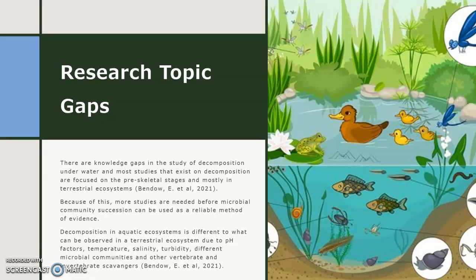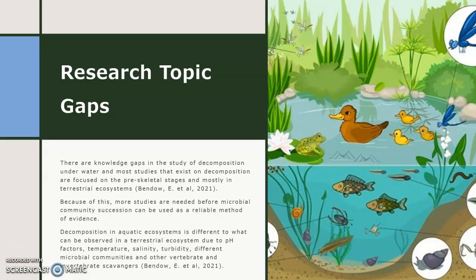Some of the research topic gaps that are found. In the study of decomposition underwater, and actually most studies that exist on decomposition, are focused on the pre-skeletal stages. So this means before it's just the bones. Let's remember this paper is about succession when there are bones, because they want to look at long term, something that's been under the water for quite a while.